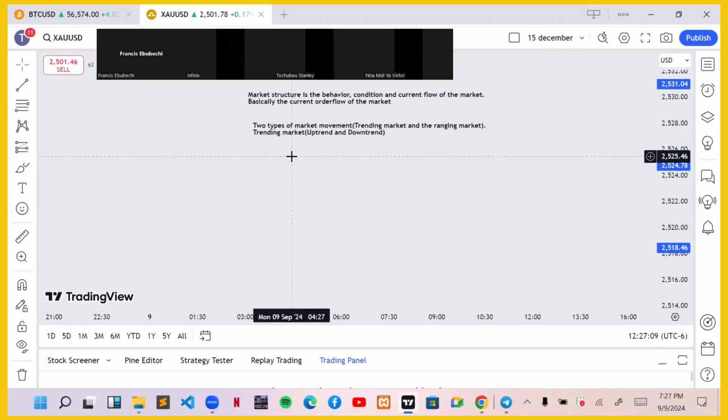The uptrend is when the market is making a series of higher highs and higher lows, while the downtrend is when the market is making a series of lower highs and lower lows.